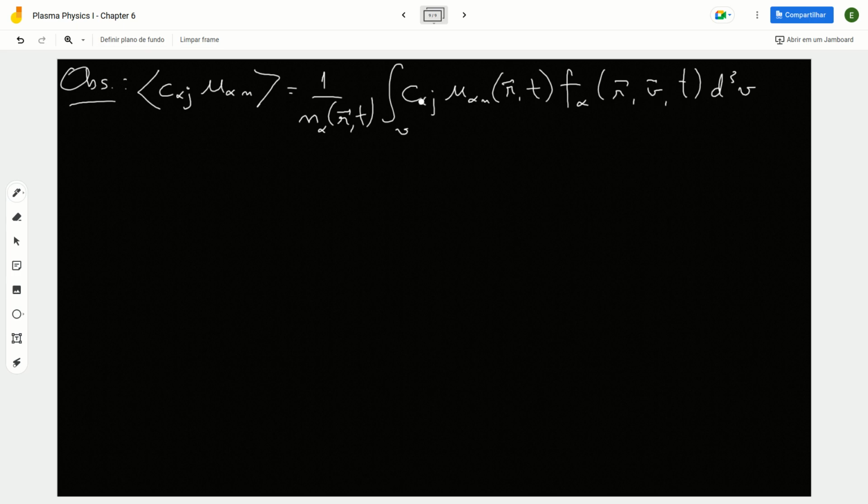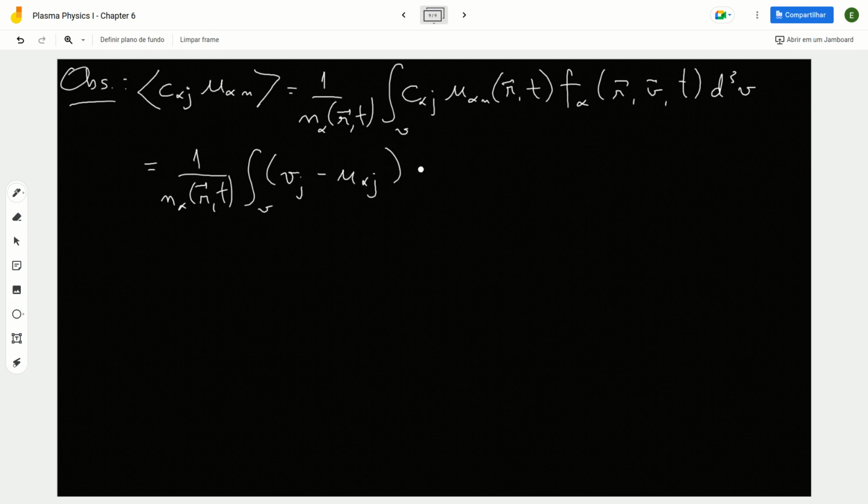Okay, now C is the fluctuation velocity. Fluctuation velocity may be written like this: Vj minus U alpha j. So this is the j component of the velocity minus the j component of the mean velocity.